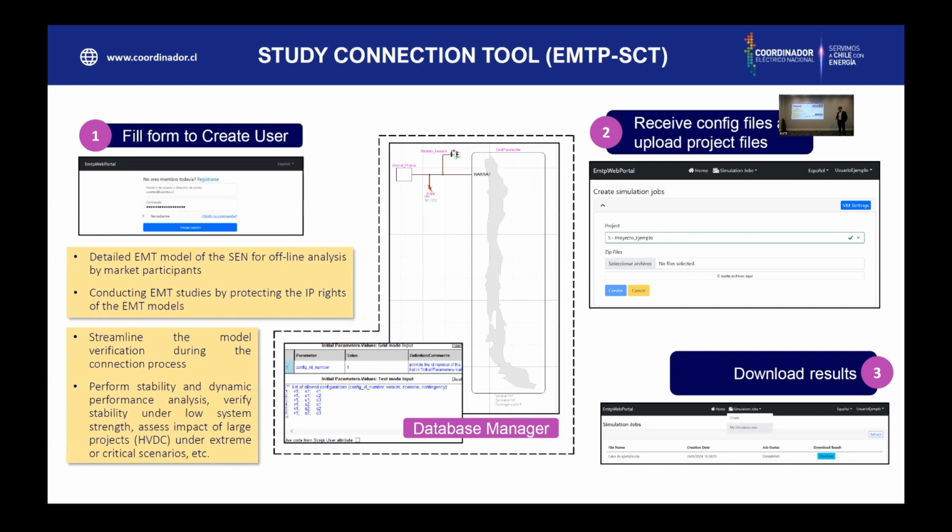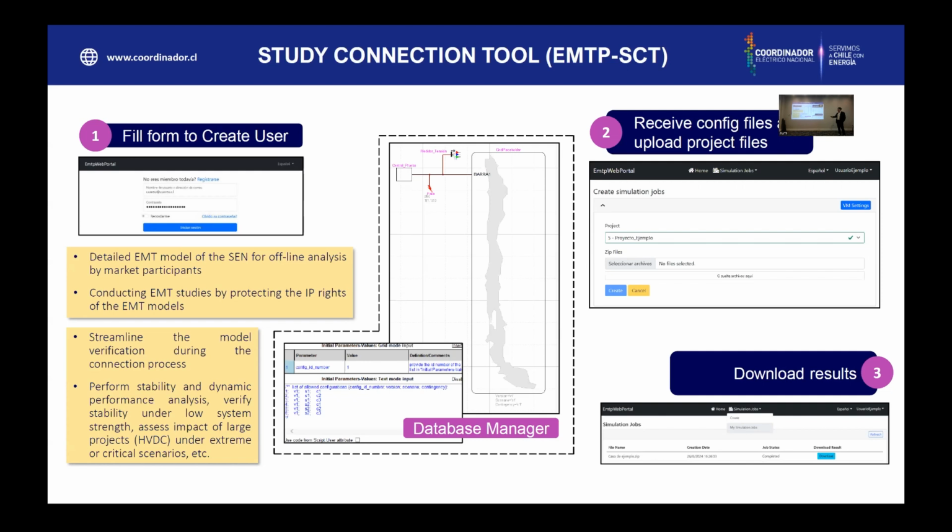the user is going to receive some files, 4 files that are created by this tool EMTP developed, which is called Database Manager. And it's very easy to actually modify these values with your particular power plant connected.